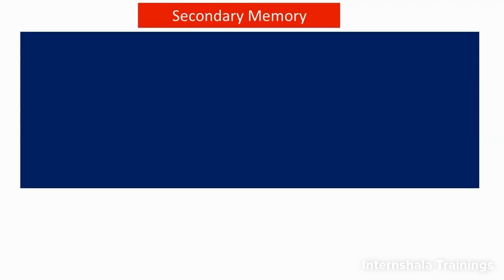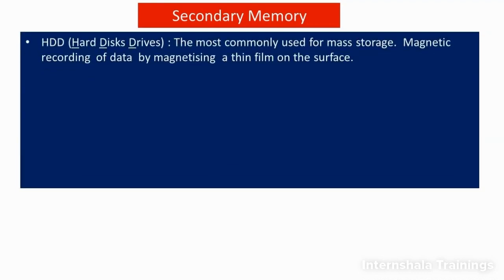Now, we come to secondary memory. In secondary memory, we store voluminous data, and as I told you, it is an external memory. The first type that I'm going to discuss is HDD. HDD is an acronym for hard disk drives.